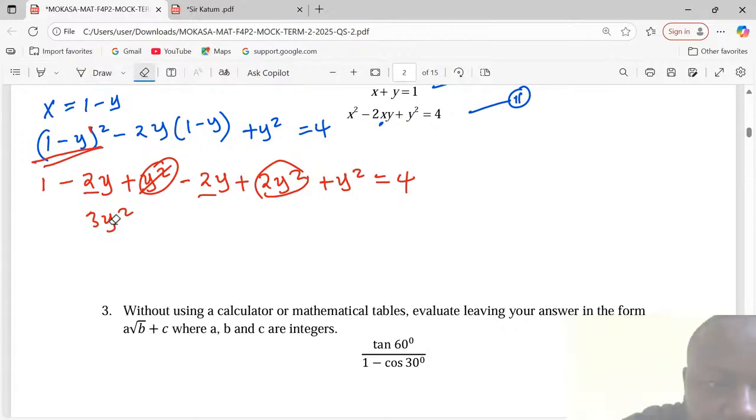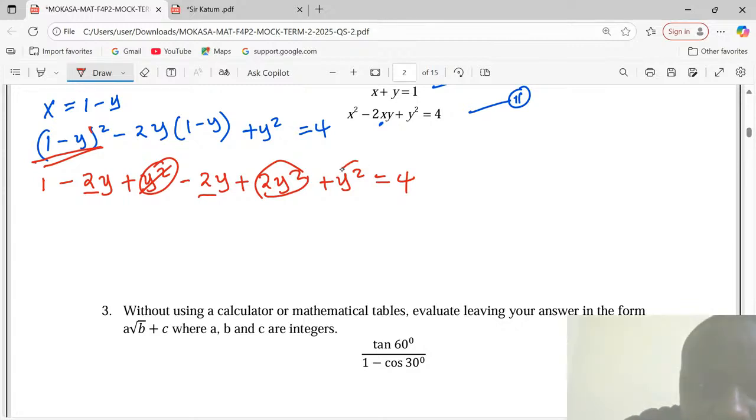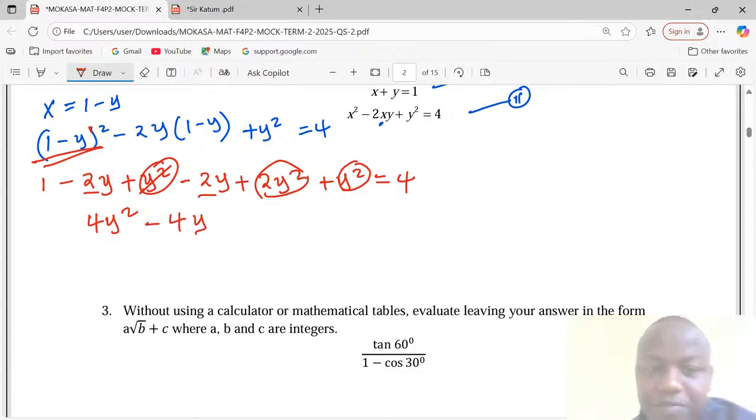We can continue grouping terms. Remember, y squared is still being found here. So that is 4y squared. Then negative 4y, because negative 2y, negative 2y becomes negative 4. Then we have 1 minus 4, which is negative 3, equals 0.